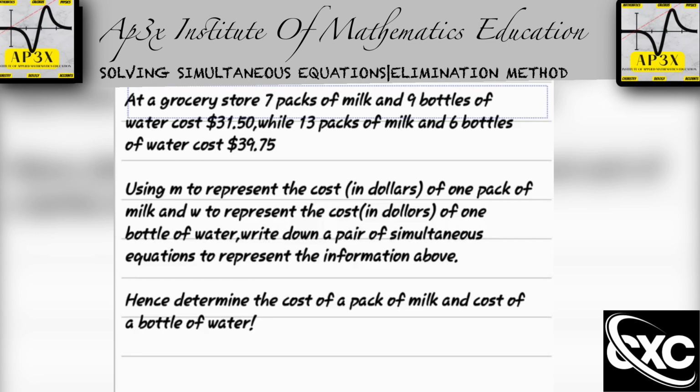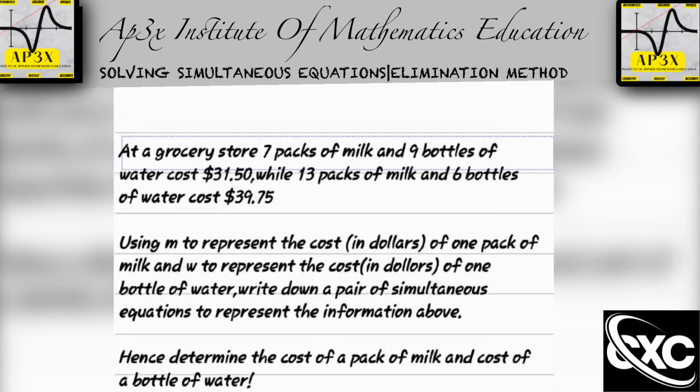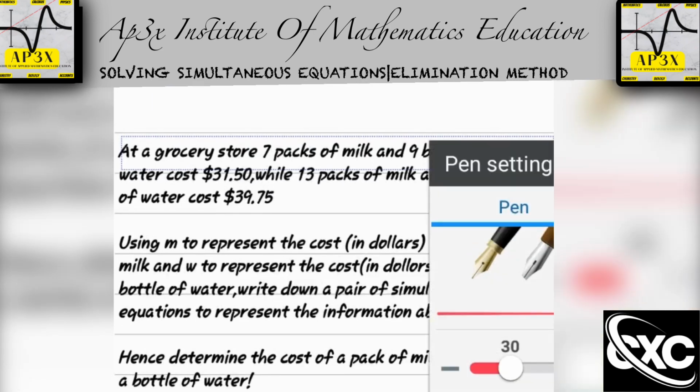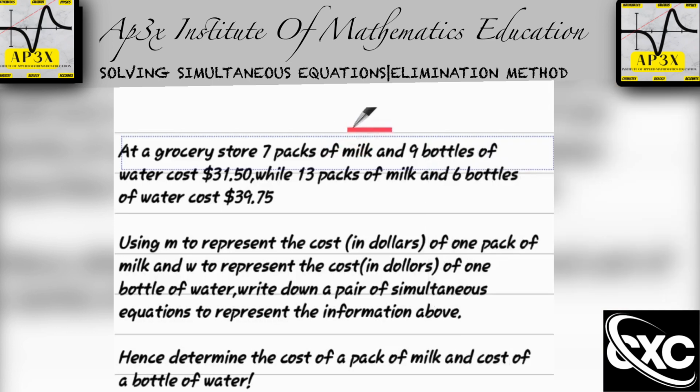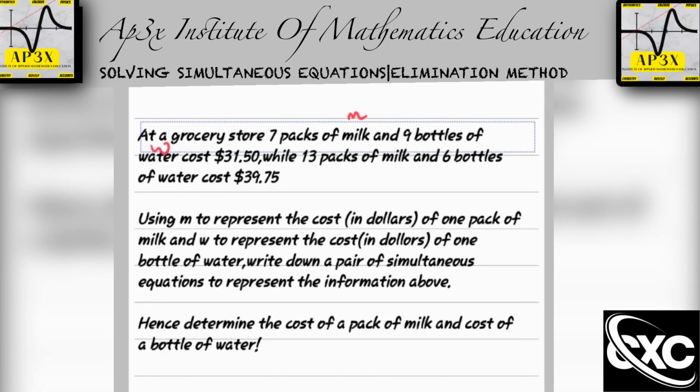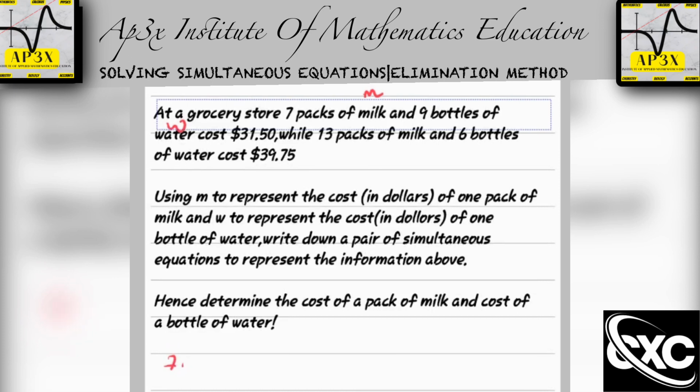So we're going to start off by, of course, writing down the equations. We are first told to use M to represent milk, and we use W to represent water. So already I know that 7M, that's 7 packs of milk, plus 9 bottles of water will be equal to $31.50.